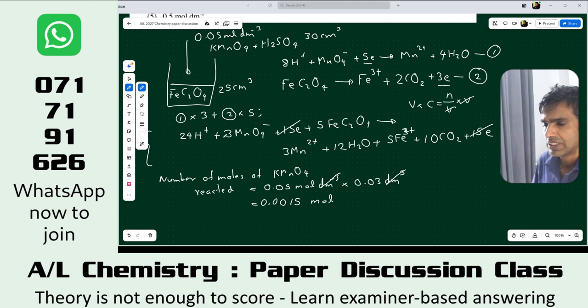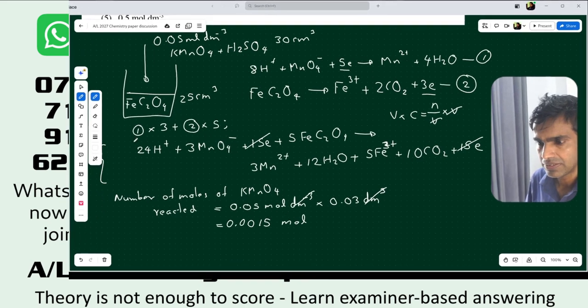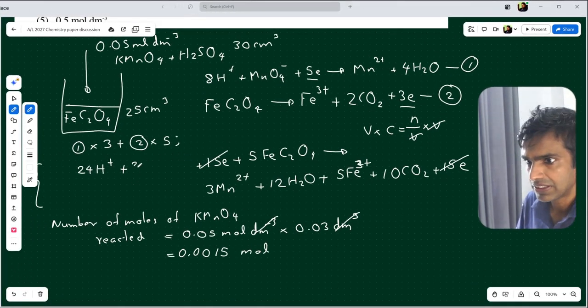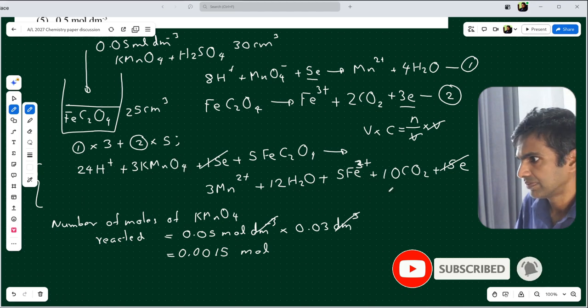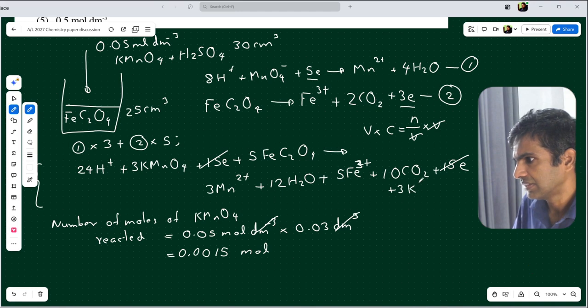So there are 3 permanganate ions. That means there must be 3 potassium permanganates. We can write 3 potassium ions in the product side. Mole ratio between potassium permanganate to ferrous oxalate, it is 3 to 5.